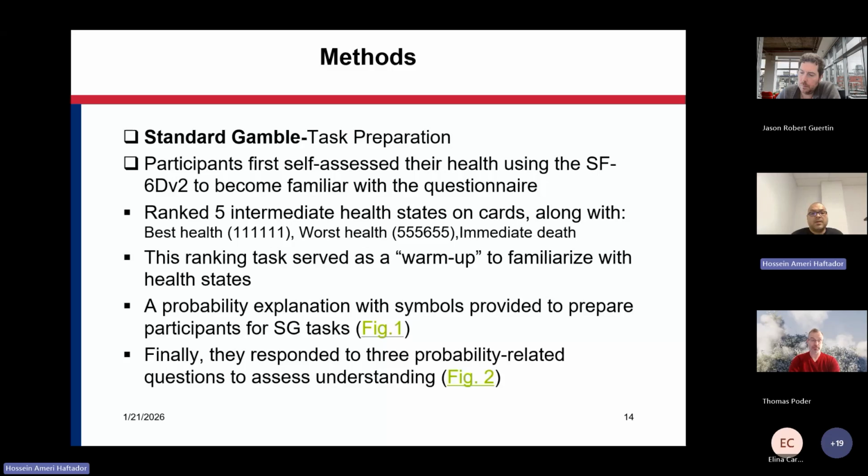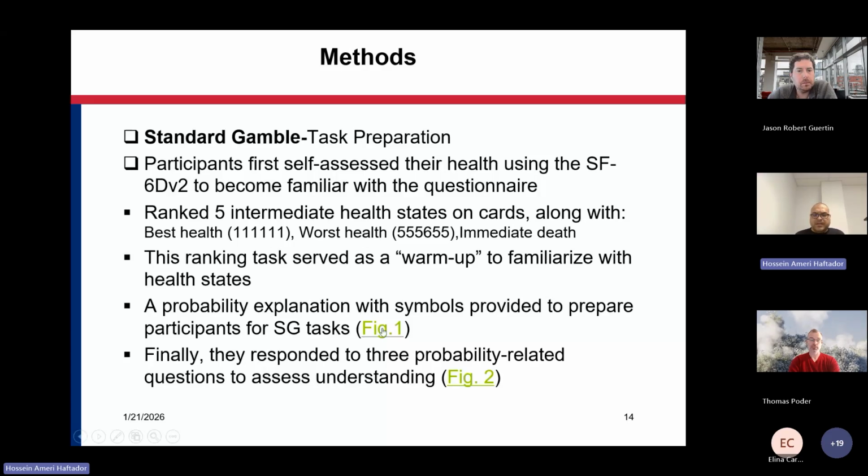We asked them to rank 5 health states to become familiar with the health states. Also, we provided a probability explanation in a figure to reduce cognitive burden.